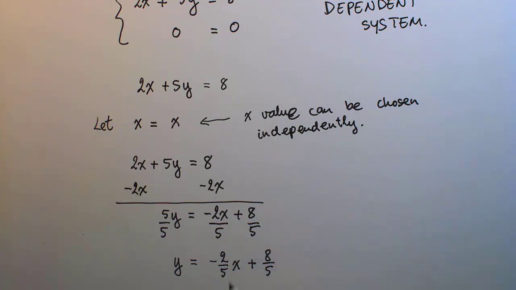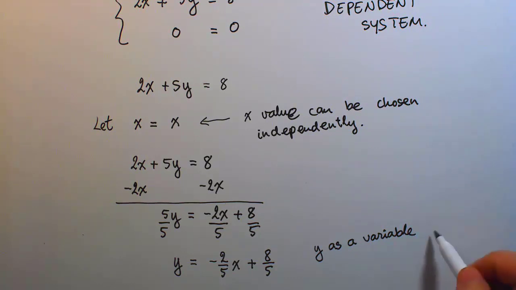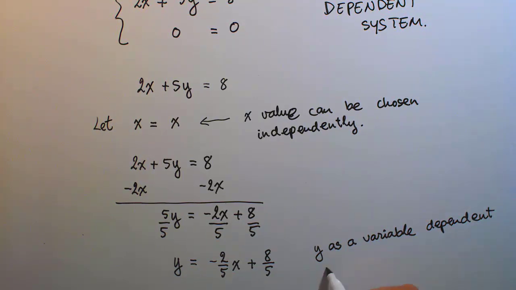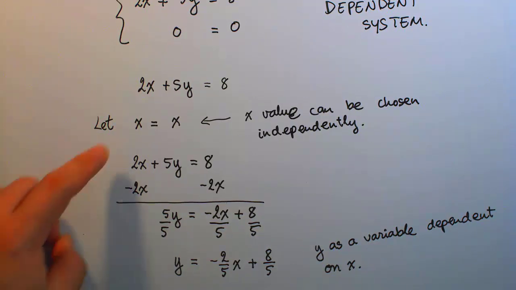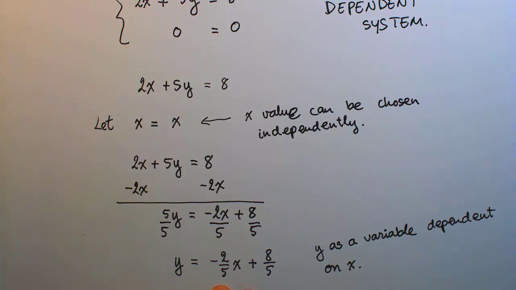In this final formula, I have expressed y as a variable, but the key word here is dependent on the chosen value for x. Remind yourself that x can be chosen independently. You can let x equal 5, 2, or negative 10, but the y value must be calculated dependently on the x value.